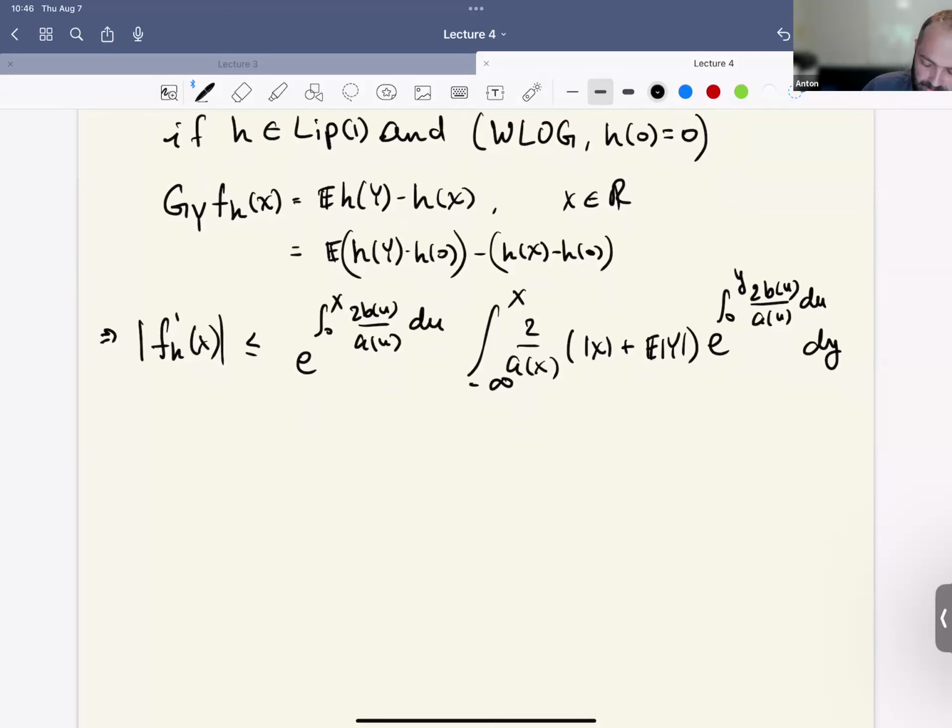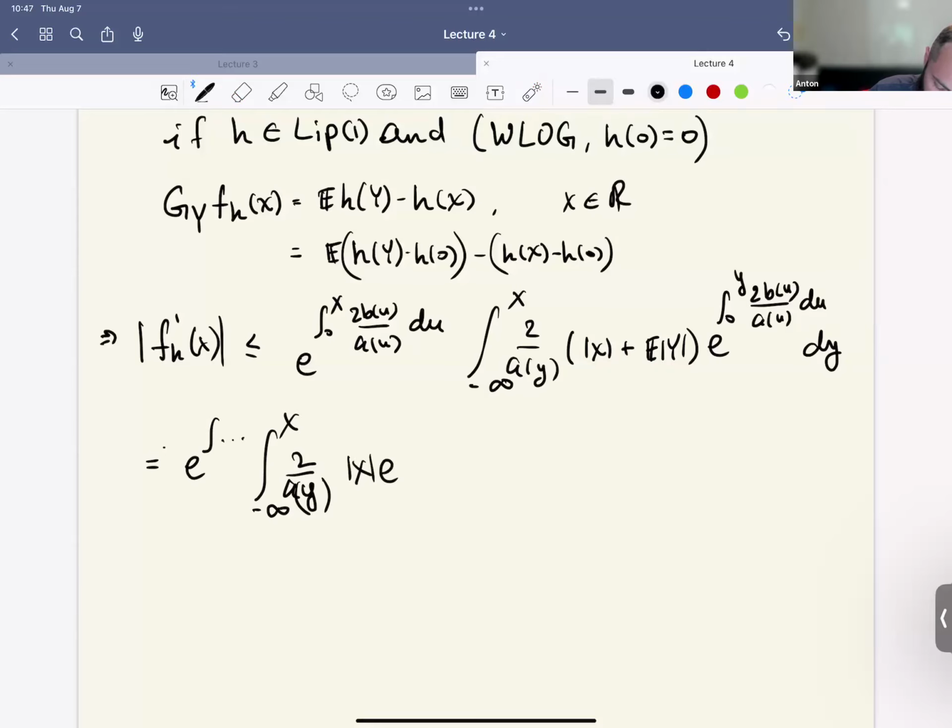And we're going to split this thing into two terms, namely the term corresponding to the linear expression term in x, and the term that is like constant in x. Okay, so this is e to the blah, blah, blah. Now, negative infinity to x, a of y. It should not be a of x, it should be a of y.